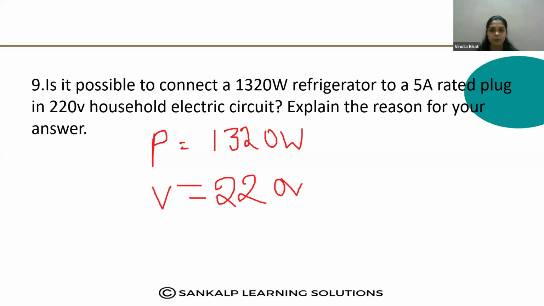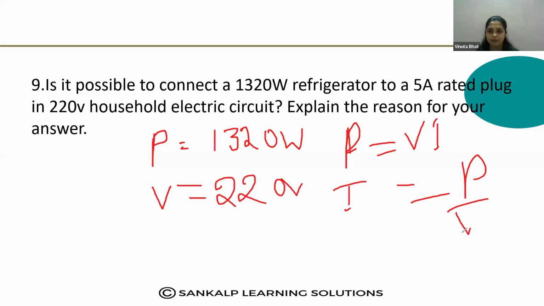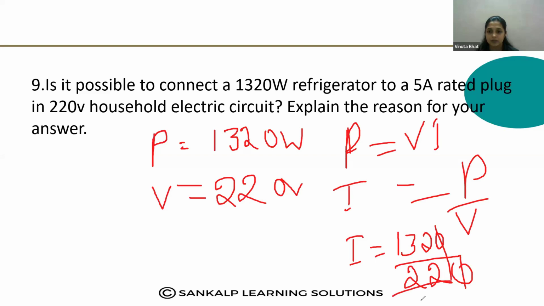Then using the formula P = V × I, I = P/V. Then I = 1320 divided by 220.